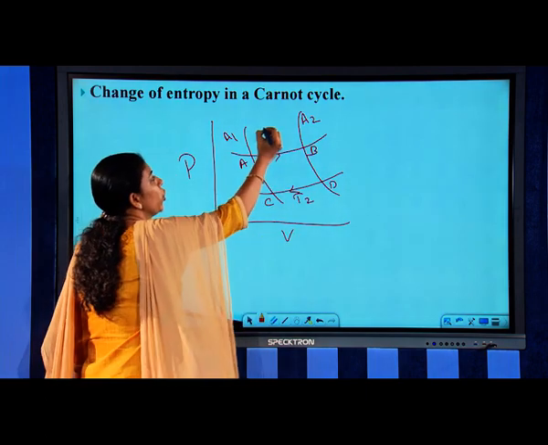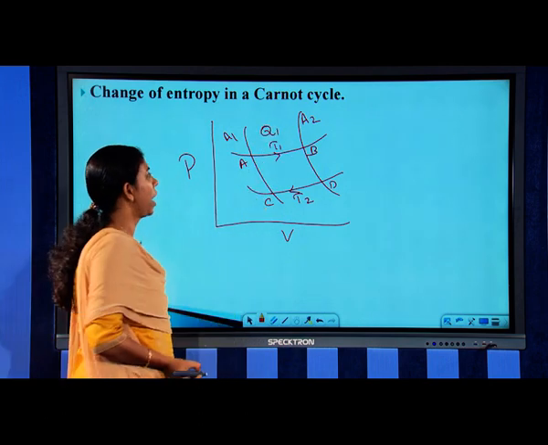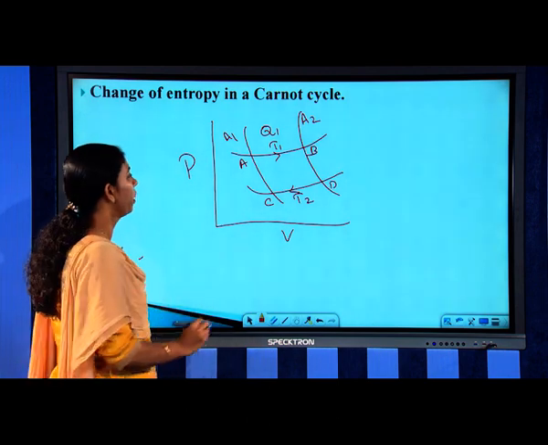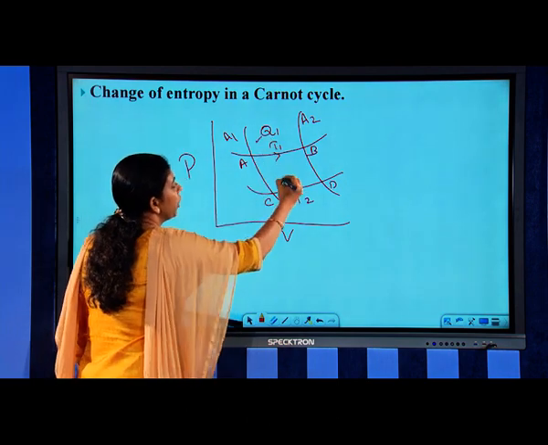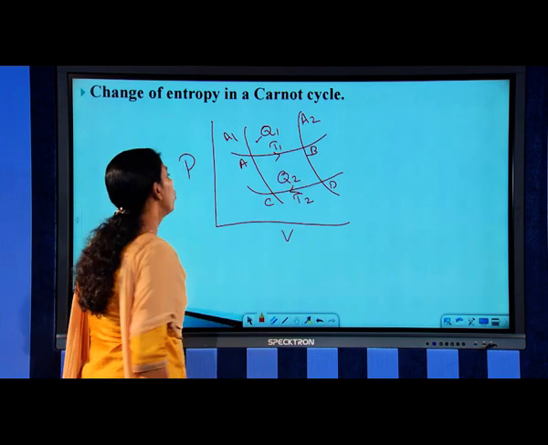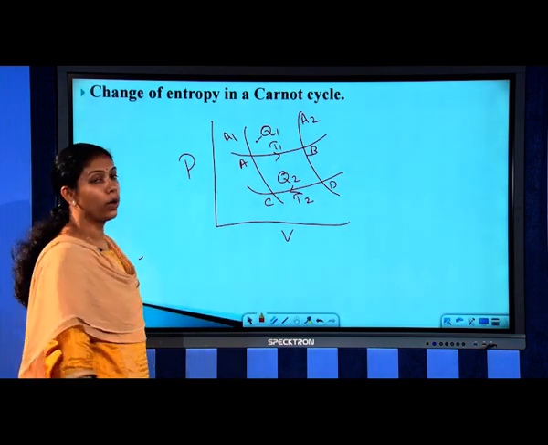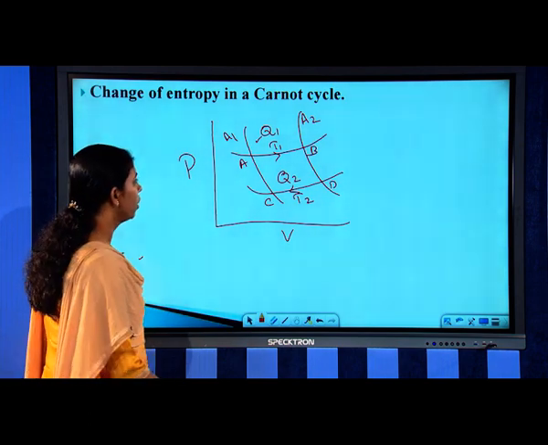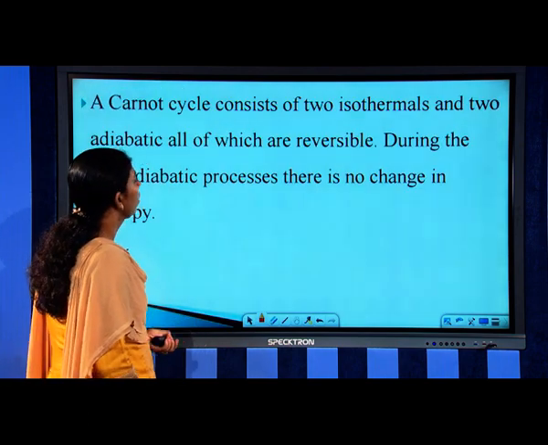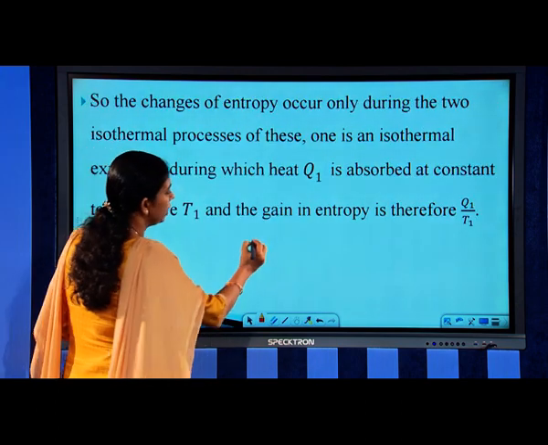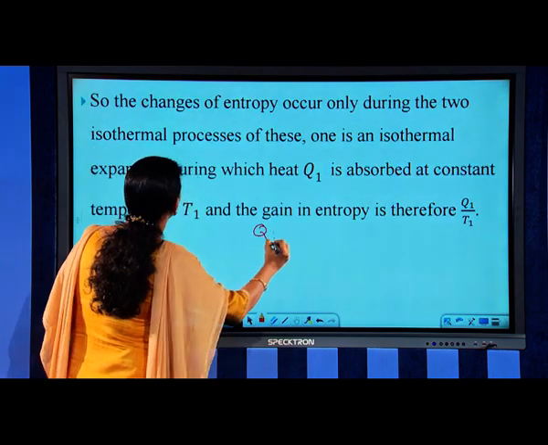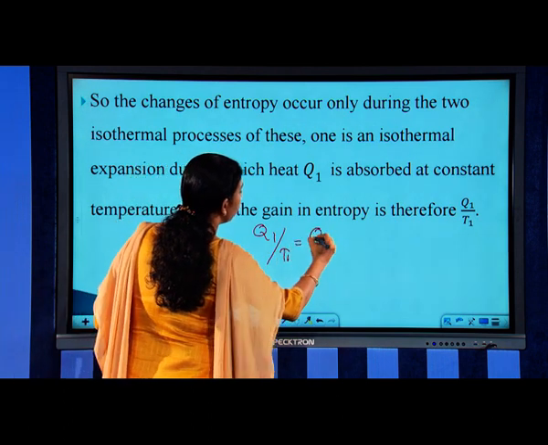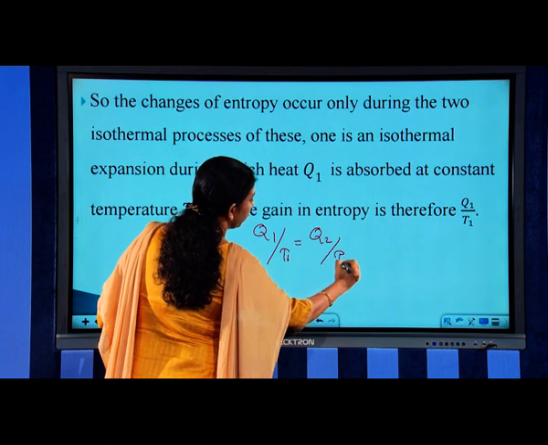And here Q1 is the quantity of heat absorbed during the isothermal expansion at temperature T1, and Q2 is the amount of heat liberated during the isothermal compression at temperature T2. So, from this figure, it is clear that Q1 by T1 is equal to Q2 by T2.